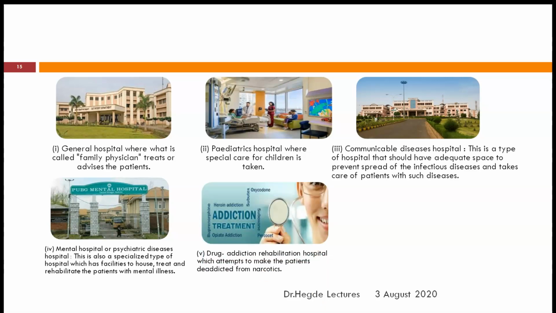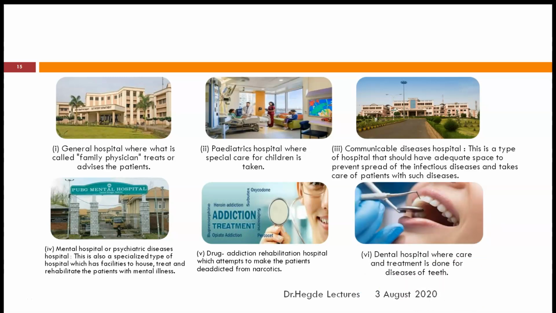And they have a department called de-addiction, drug addiction rehabilitation, or de-addiction centers, which attempt to make patients de-addicted from different kinds of drug abuse, from narcotics or tobacco chewing, how to cease tobacco chewing, narcotics, drugs, or it may be the common form of tobacco or smoking.